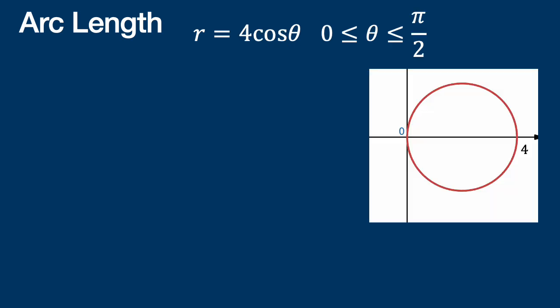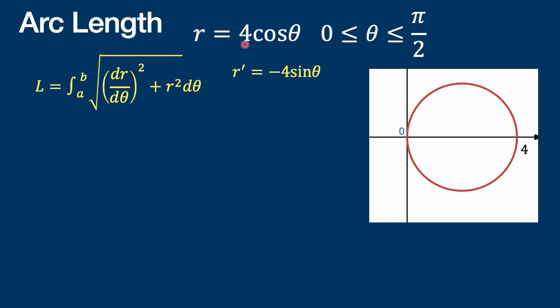Let's find the arc length of this circle. Theta goes up to pi over 2. This one is a circle whose diameter is 4, so the radius is 2, guys. So the integral from a to b of the square root of (dr/dθ)² + r² dθ. r is 4 cosθ, r′ is −4 sinθ. Theta goes from 0 to pi over 2.